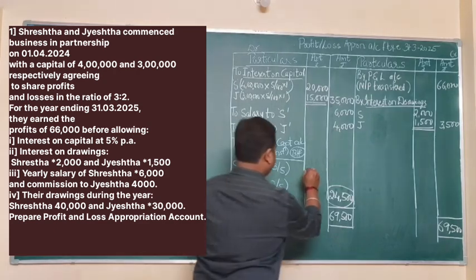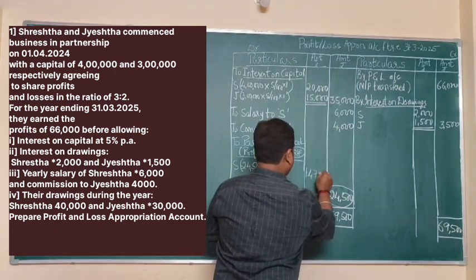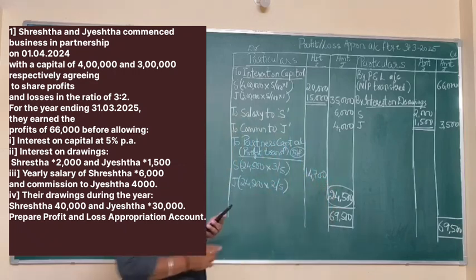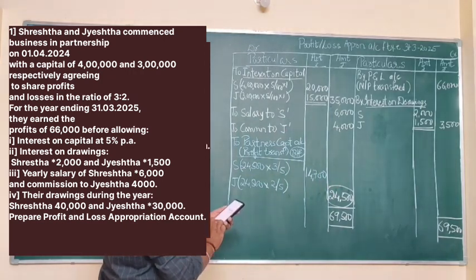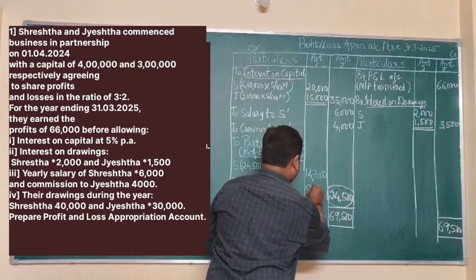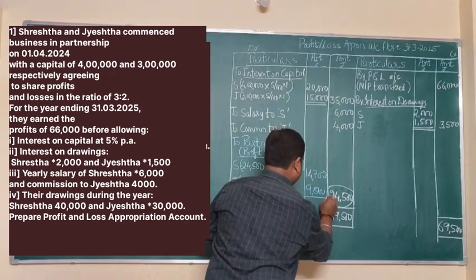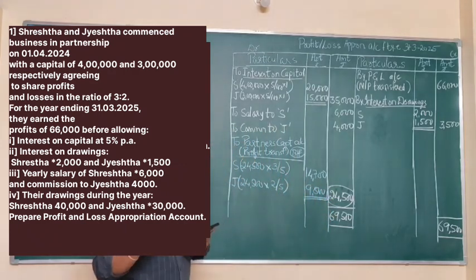You will get 14,700. I will write this in the inner column. Similarly, 24,500 into 2 divided by 5. You will get 9,800. See, how the adjustments come.